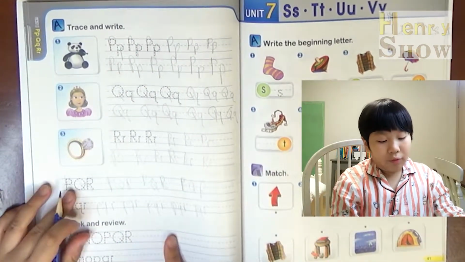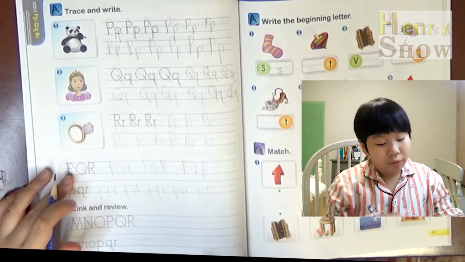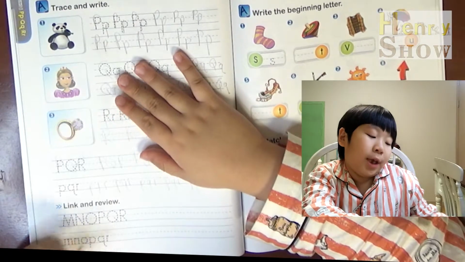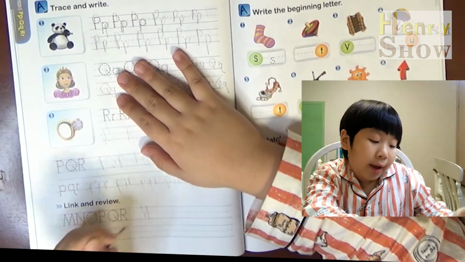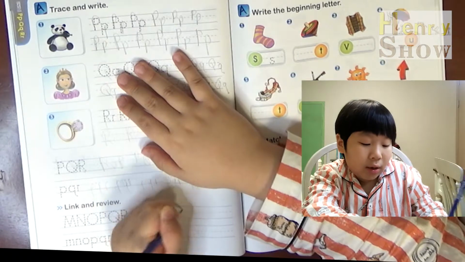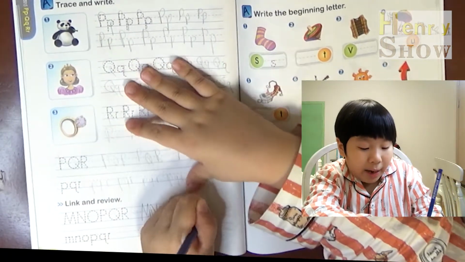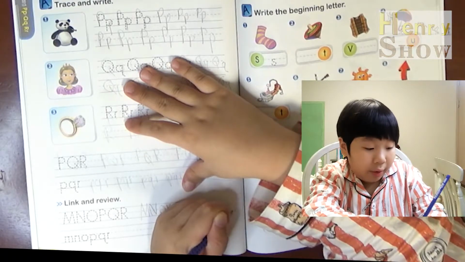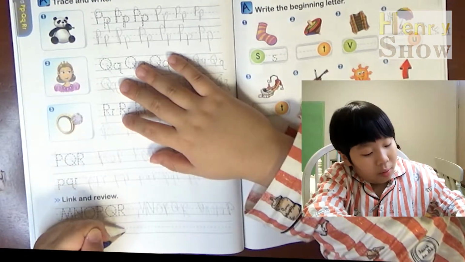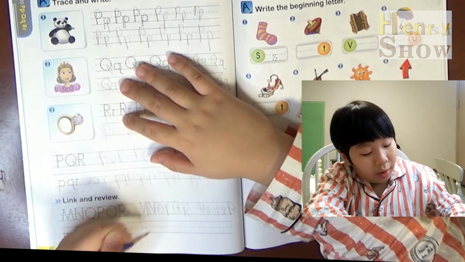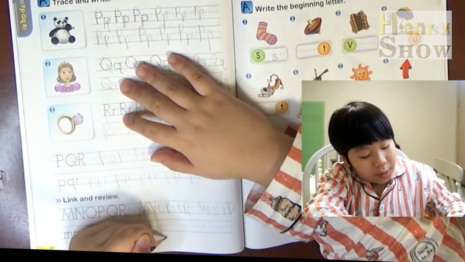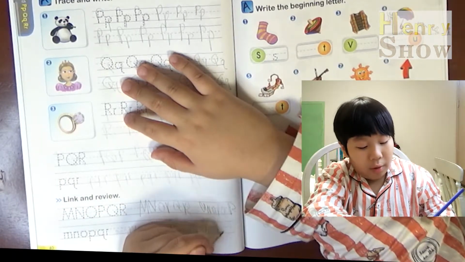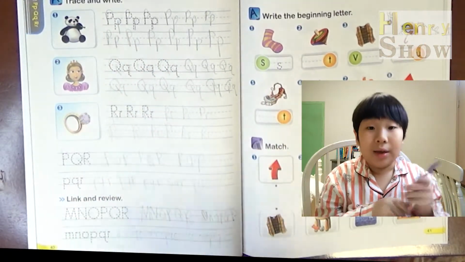We're going to write 2 more times, and there we're going to write 2 more times. See? MNOPQR. Let's just write 3 times.